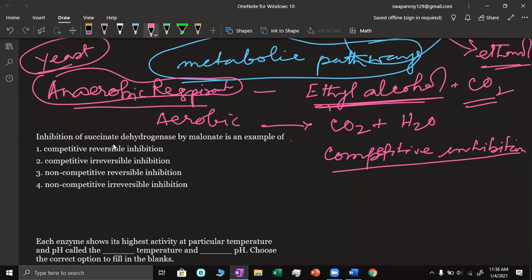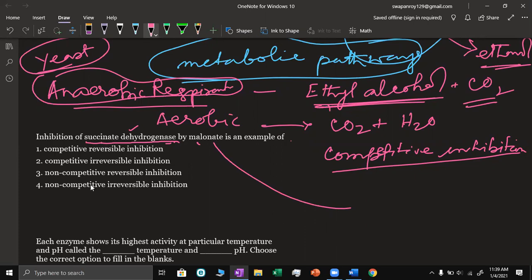Here, inhibition of succinate dehydrogenase by malonate. Malonate is a compound which combines with succinate dehydrogenase and does not allow the actual substrate to join this enzyme, succinate dehydrogenase.